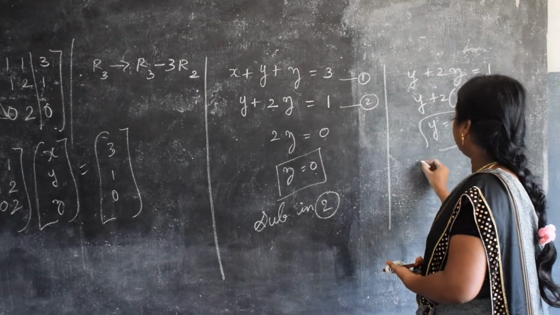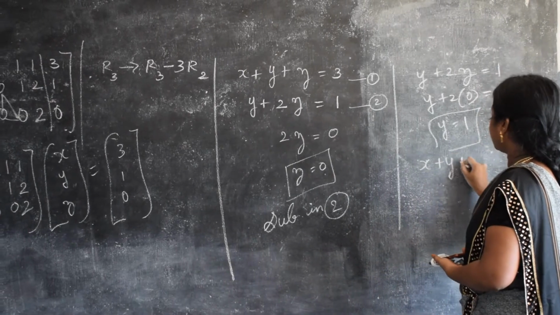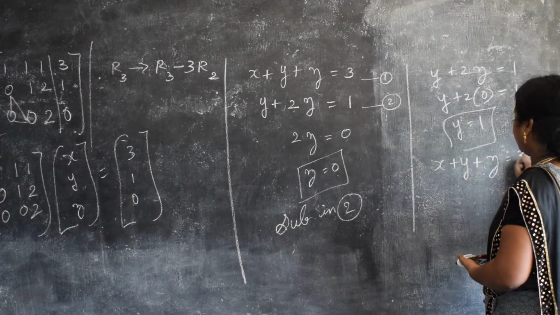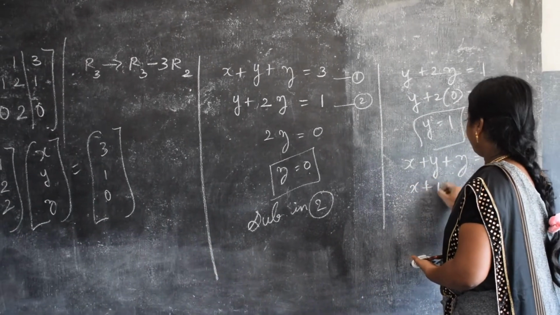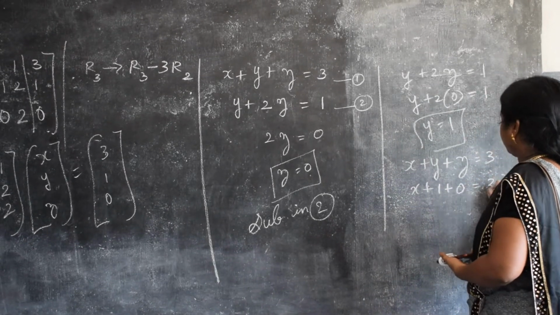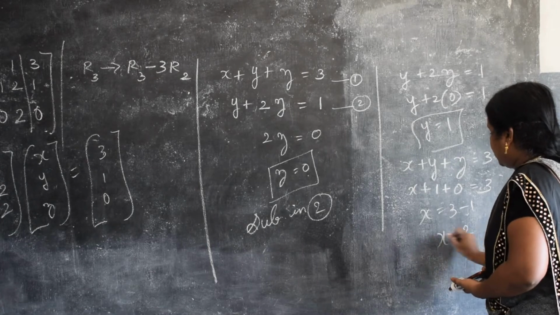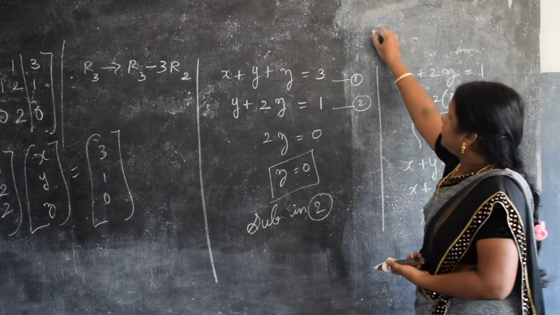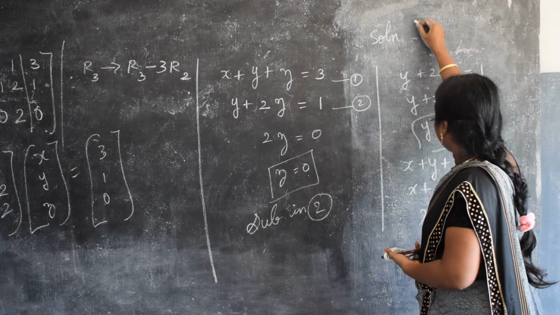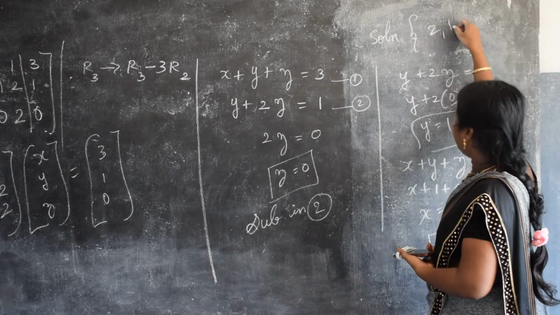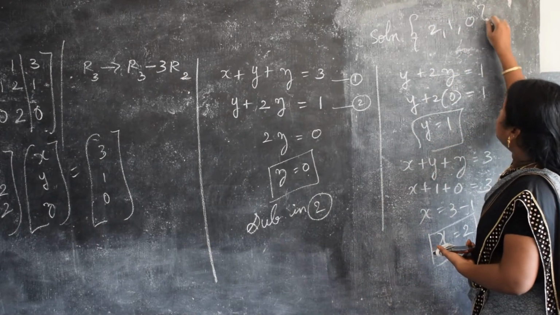Now substitute in the first equation: x plus y plus z is equal to 3. So x plus y value is 1, z value is 0. So x is equal to 3 minus 1, x is equal to 2. At last our solution is: our x value is 2, y value is 1, z value is 0.